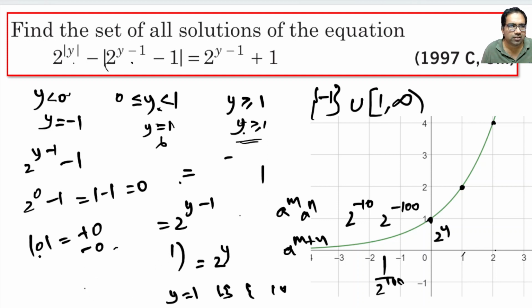Absolute value of y equals y or minus y, when y equals 0, whether you write plus y or minus y, it doesn't matter. Both will give the same result. That's why when we ignored it here, we still got the same result, because at 1 this term is actually becoming 0.